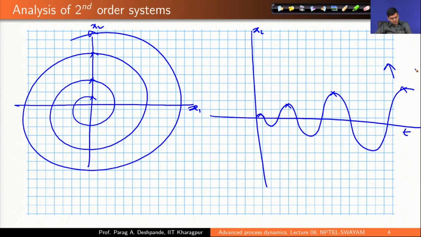So, we saw how the eigenvalues of the system govern its dynamical behavior. Whether the eigenvalues are positive or negative, real or imaginary, or whether the real part of the eigenvalues is positive or negative, will determine the future behavior of the system: whether it would be convergent or divergent, whether it would change monotonically or oscillate, whether the oscillations would be sustained, die out with time, or increase in amplitude with time.